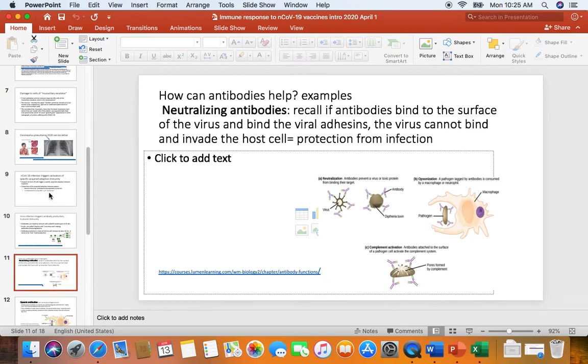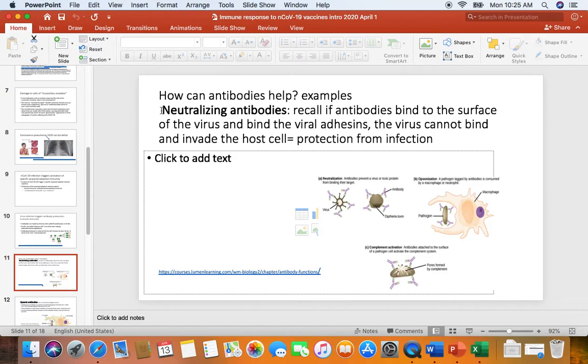So we've already talked about how antibodies can prevent attachment, say, of a virus or a toxin or a bacterium. And the antibodies do this by binding the adhesins on the surface of the pathogen or the equivalent on a toxin. And we said the fancy term for blocking attachment is neutralization. So one way that antibodies can protect us is by blocking attachment of the pathogen.